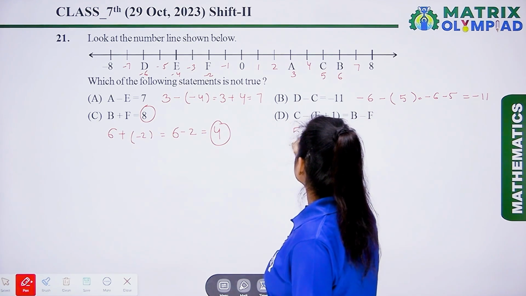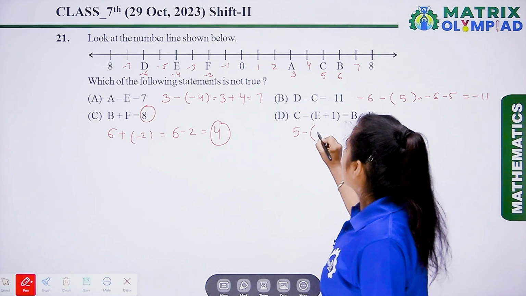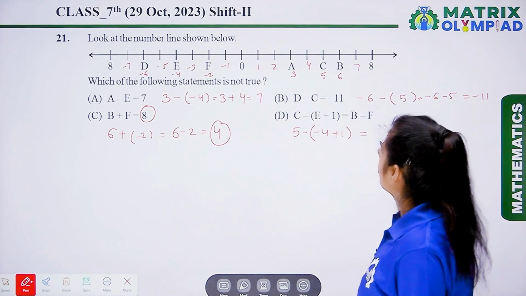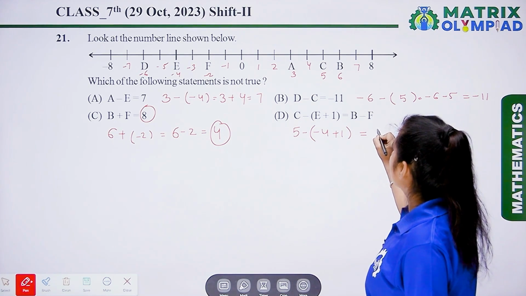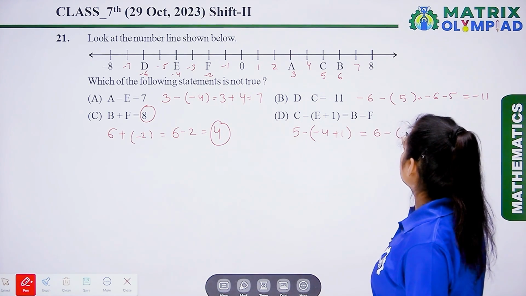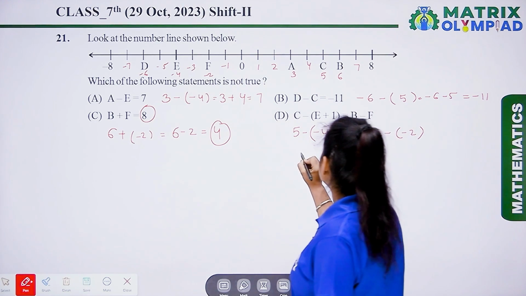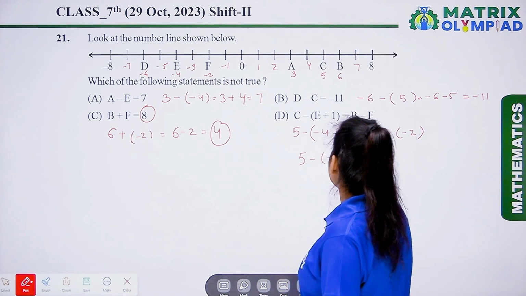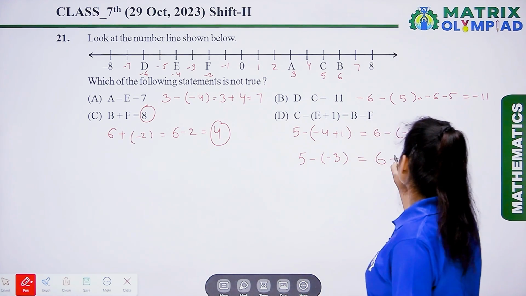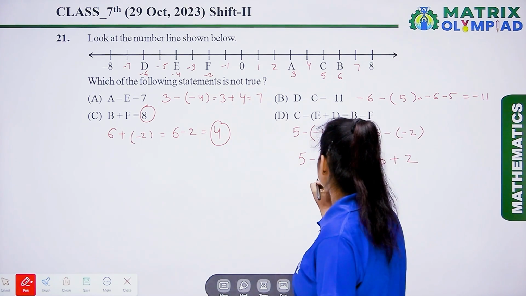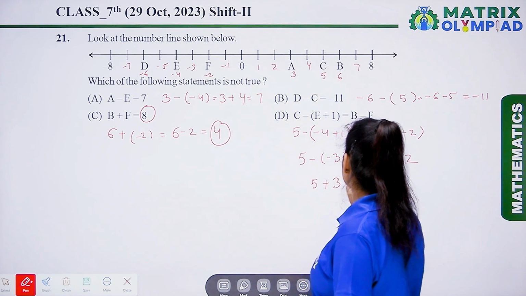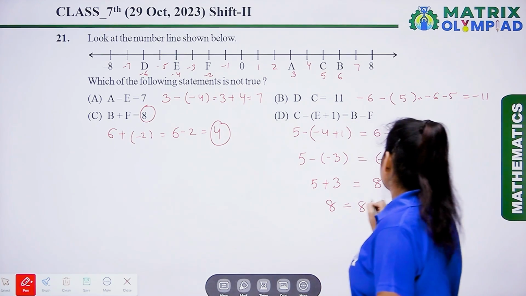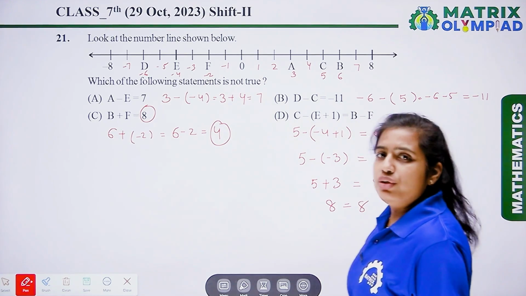Value of C is 5, value of E is minus 4 plus 1, that is equal to B minus F. The value of B is 6, value of F is minus 2. So here 5 minus 3 is equal to 6 plus 2. So option D is also correct.